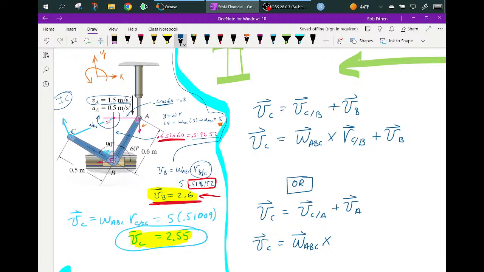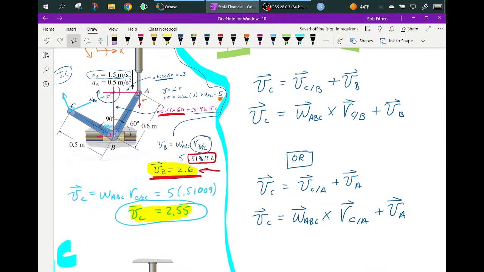Okay. Let me get velocity of C relative to A plus velocity of A. Now, here's your difference between either one of these. You're either going to have to find this vector or you're going to have to find that one. You already know this one. You already know that and that.